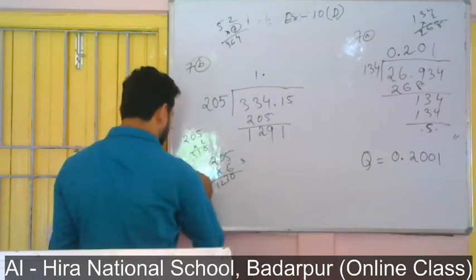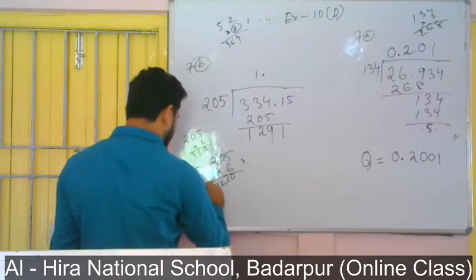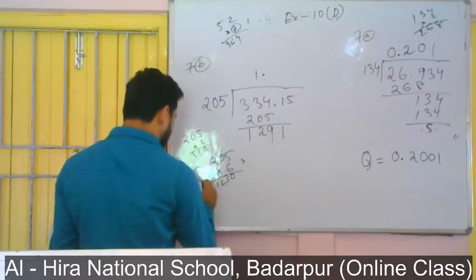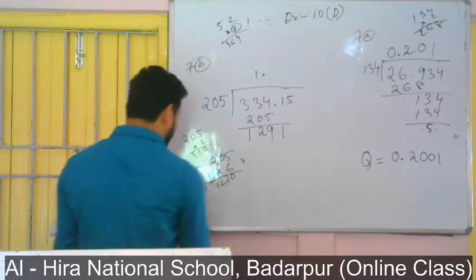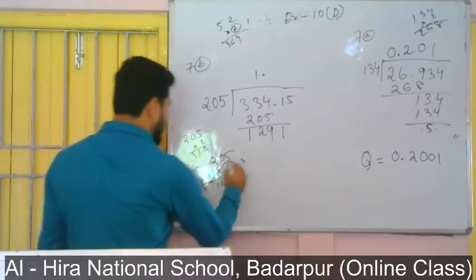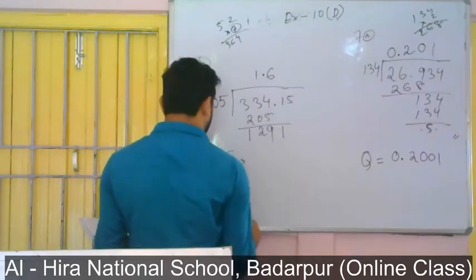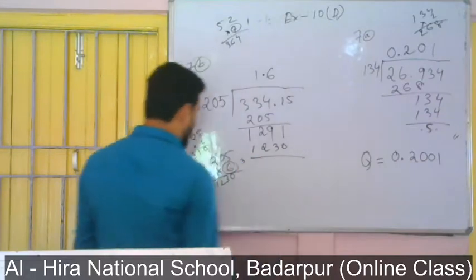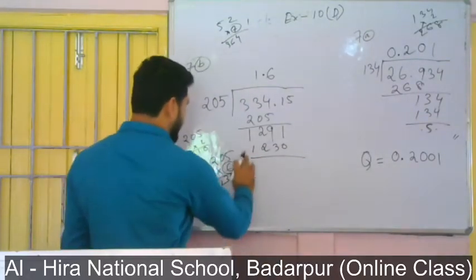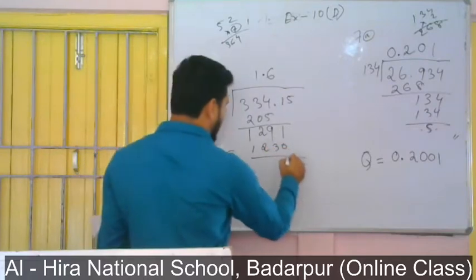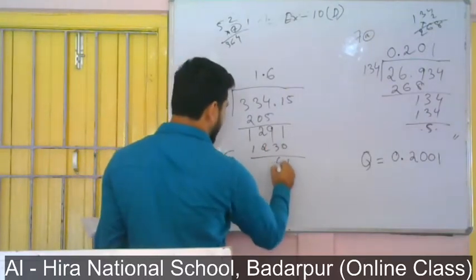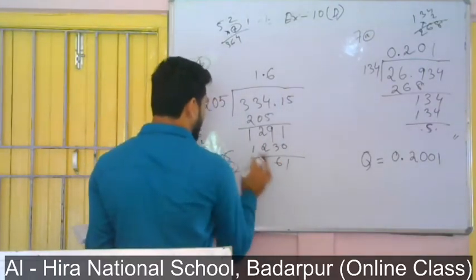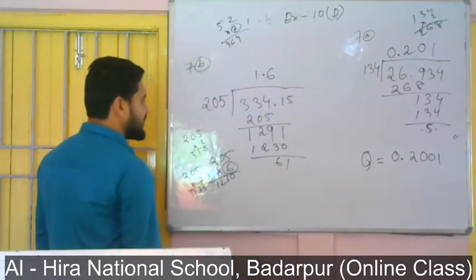So let us check with 7. 5 7s are 35, here remain 3. 7 2s are 14. So this is the last 6, 1230. Now here 9 minus 3, 6, 2 minus 2, 0, 1 minus 1, 0, 61. So it is not possible.